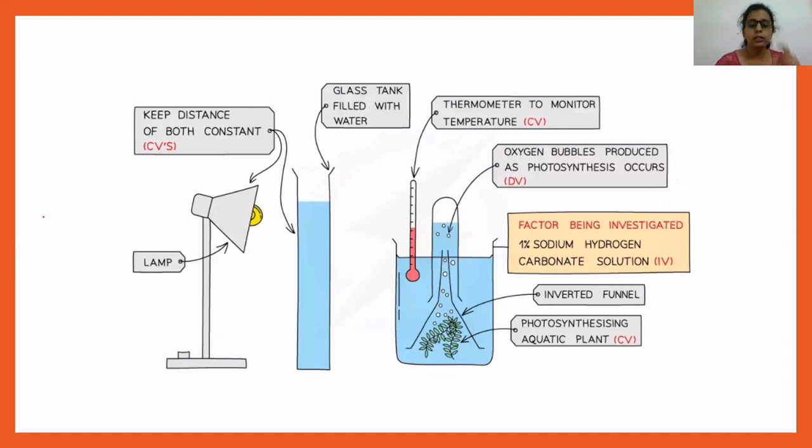We have taken a water plant, and we have filled a beaker with water. This water plant is inserted inside the funnel, and this funnel is kept upside down and immersed in the beaker.